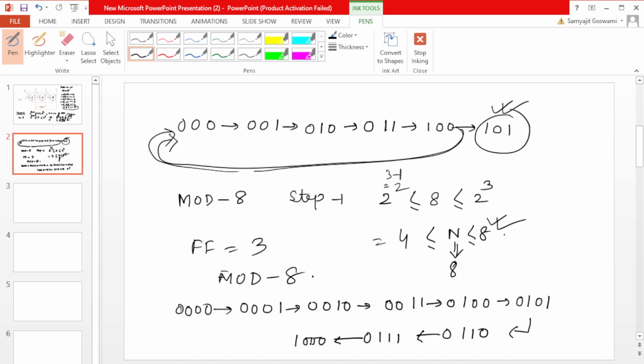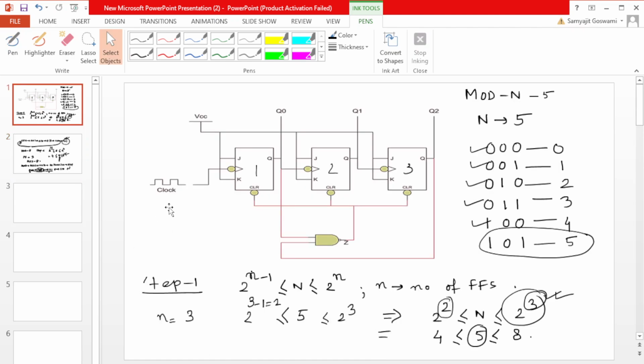After that it would come 8, then again 0 0 0 0, but we will skip this 8, and from 7 we will directly go to 0. So this is the process. Again, I just repeat once more: to design a mod n counter, I have given you the example of mod 5, and I have also shown you the example of mod 8.